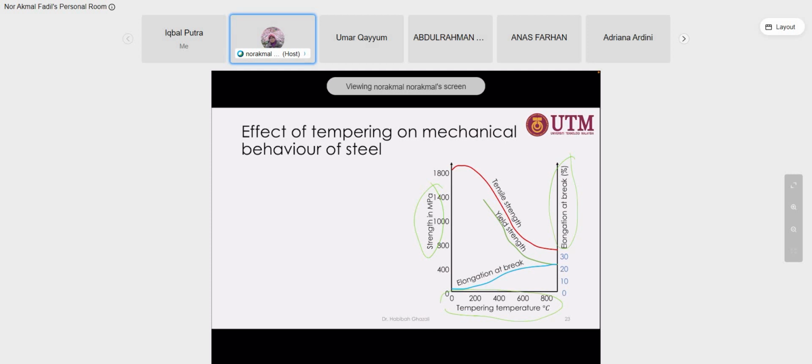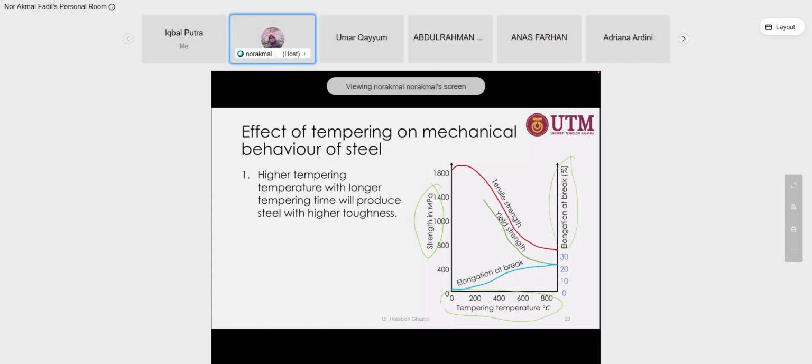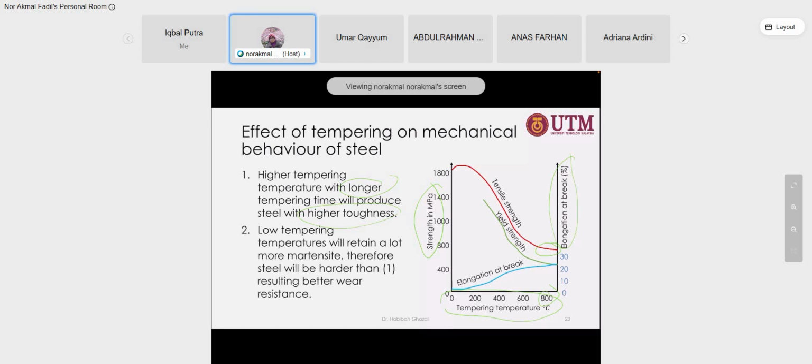In this figure, it shows how properties can be influenced by the tempering temperature. Higher temperature with longer tempering time will produce steel with higher toughness, but not always. Too high a temperature, like 800 degrees Celsius, will reduce the strength and perhaps it will reduce the toughness.